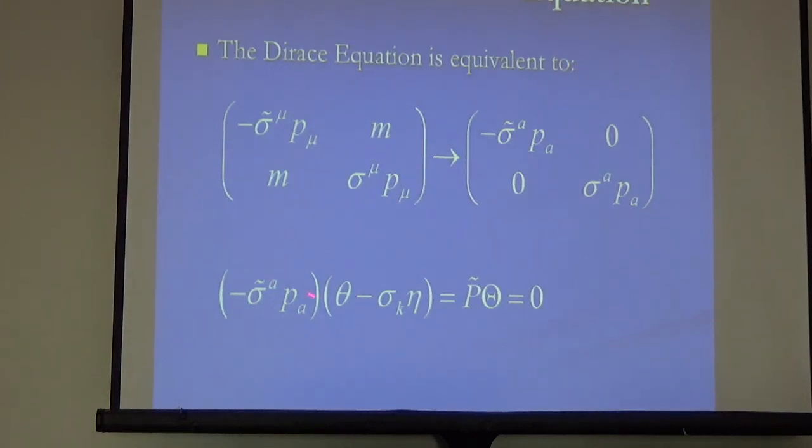Now, I'm just going to define this 2 by 2 matrix. I'm going to call it P tilde, and I'm going to use a capital theta for now, this theta minus sigma eta. So the theta is a 2-component column with quaternionic entries, and this is a 2 by 2 Hermitian matrix over the quaternions. And the Dirac equation now has this beautiful simple form like this.